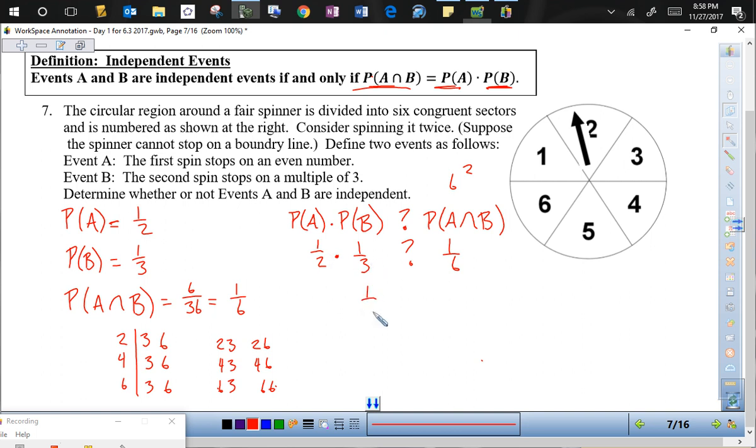So we go across here, 1 times 1, 2 times 3, and these are equal. Well, according to our definition up here, that means A and B are independent. So we'll say therefore events A and B are independent. Kind of like a little proof there.